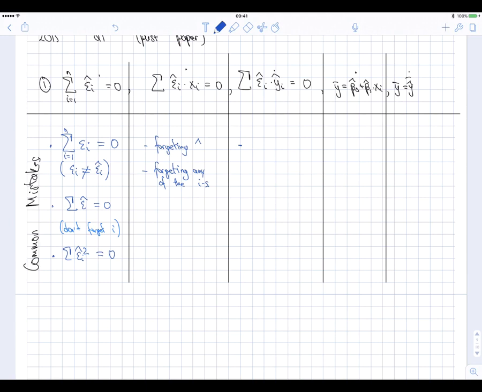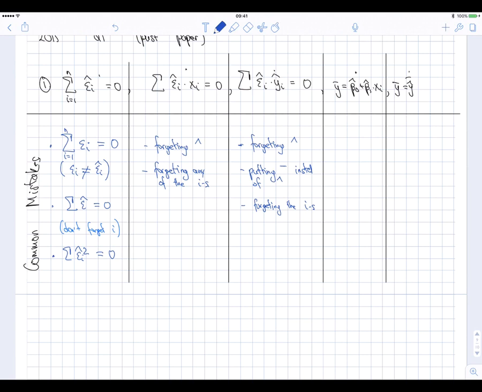Putting a bar instead of a hat in the y. Okay? Forgetting the i's. Those are the common mistakes that you see here.